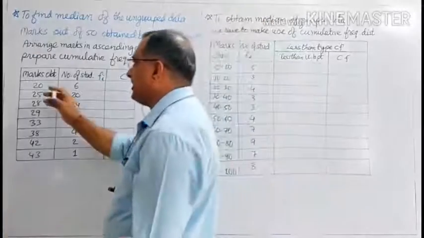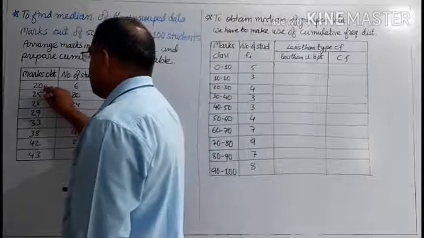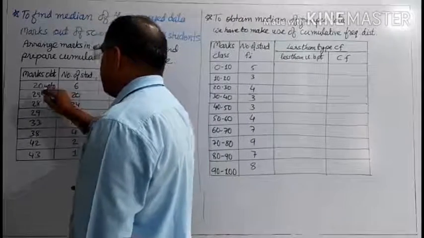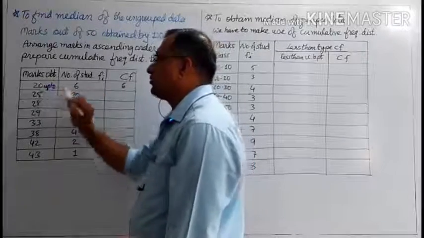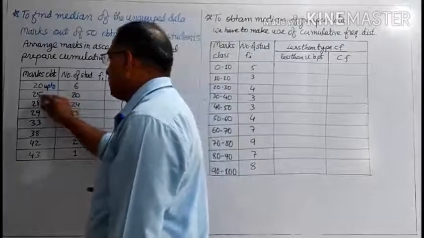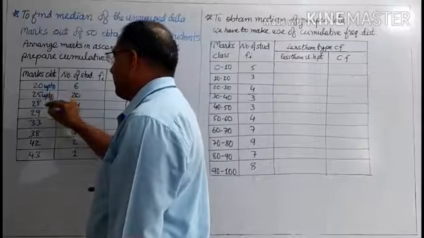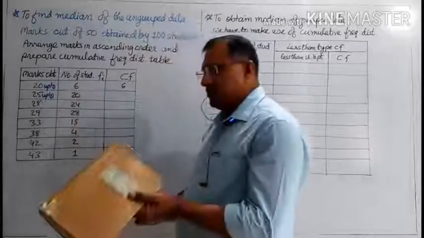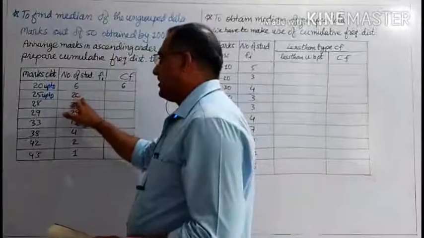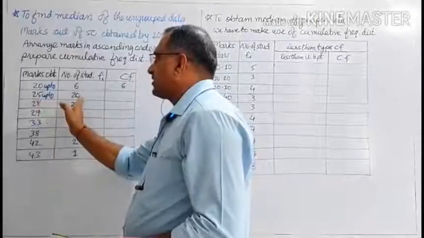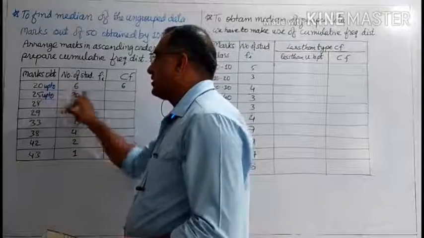Up to 20, how many students are there? There are 6 students who scored marks up to 20. Then we go for up to 25, that means 25 or less than that. So there are 20 students who scored 25 marks and 6 students who scored less than that.